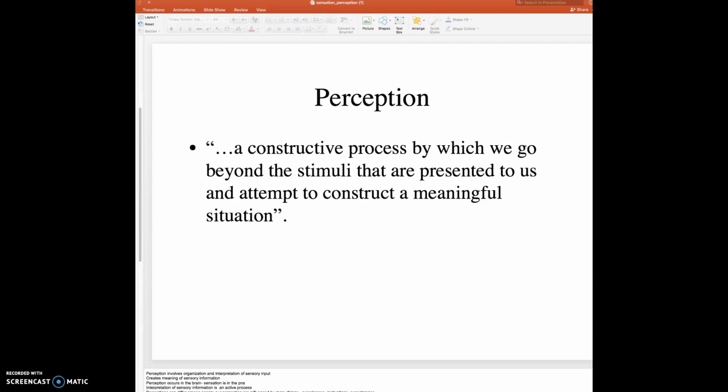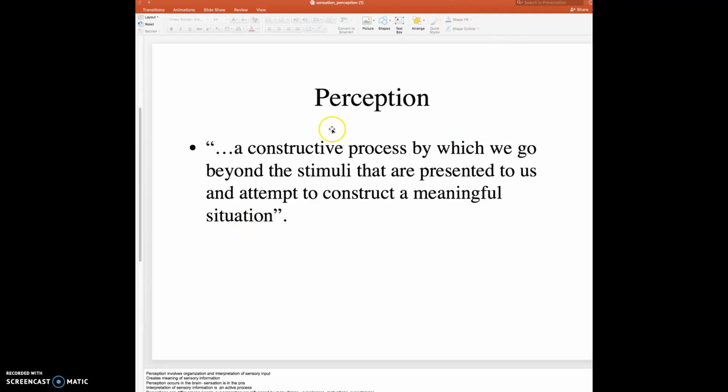Another good definition is: a constructive process by which we can go beyond the stimuli that are presented to us and attempt to construct a meaningful situation. So whatever you get from those outside senses, you're trying to make a meaningful interpretation in your brain. That's one of the big differences between perception and sensation.